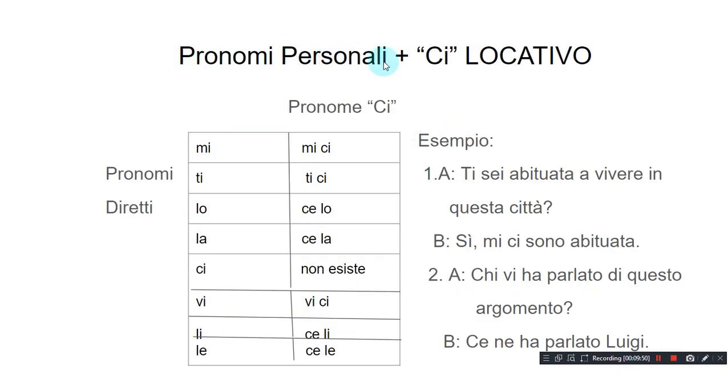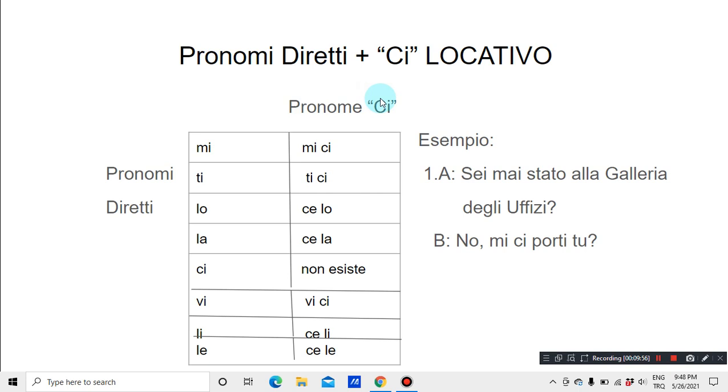Pronomi personali più ci locativo. And here we have a look at ci locativo, pronome ci used with pronomi diretti mi, ti, lo, la, ci, vi, li, le. When used with pronome ci, it becomes mi ci, ti ci.